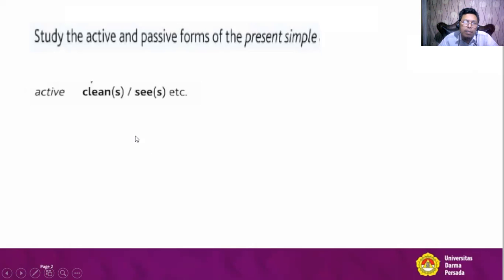Remember, in active, we use a verb, only a verb. For example, clean, see, and when we are talking about a singular subject, we say cleans, sees, etc. Everybody, this is what we call present verbs.